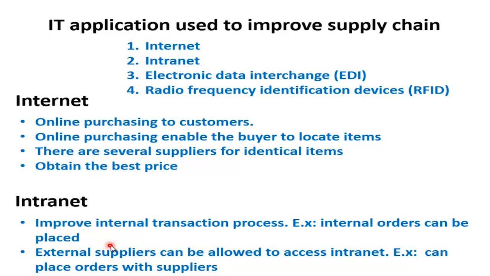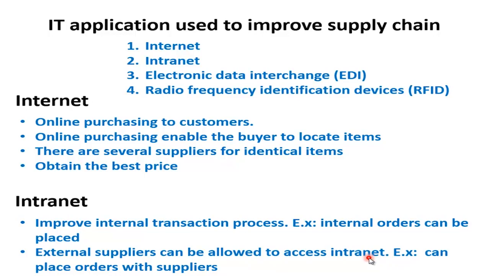Intranet improves the internal transaction process. For example, internal orders can be placed, and external suppliers can be allowed to access the intranet and place orders with the supplier. Normally the intranet is within the organization, but initially the orders will be placed within the organization, then that will be opened to suppliers through the intranet.